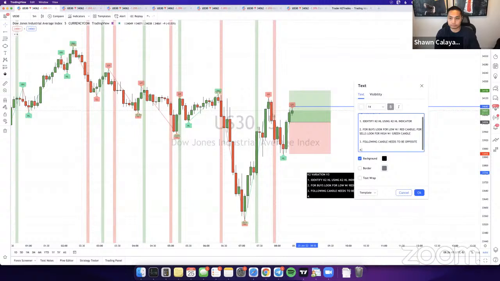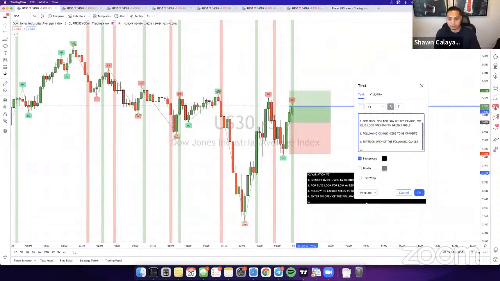Yeah, this thing's pushing up. I wish I would have taken this trade right here, Maddie. So yeah, looking at this, enter on the open of the following candle. Stop loss set at the high low, TP equal distance away.